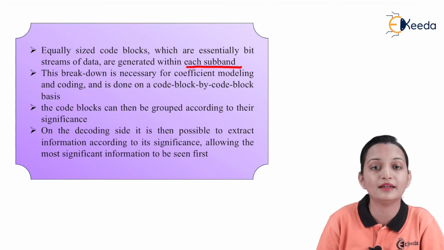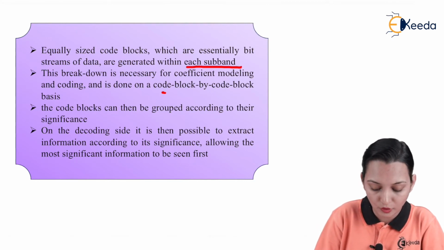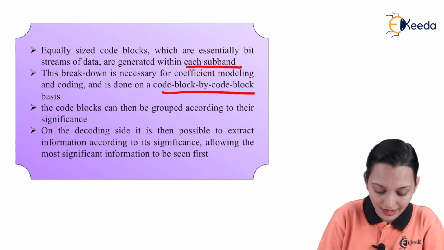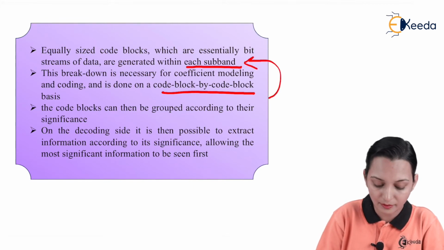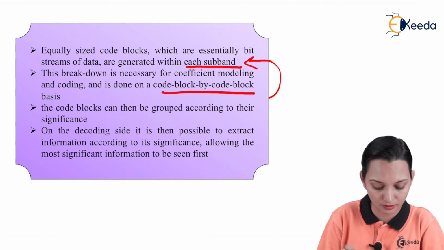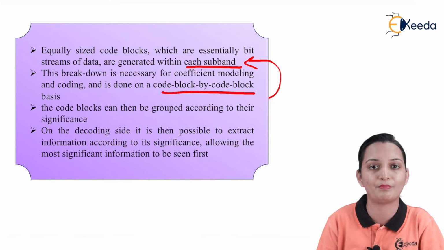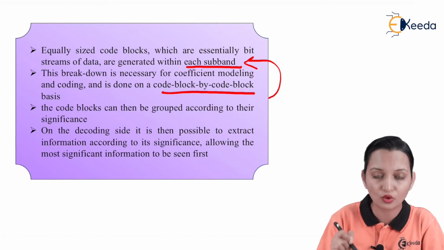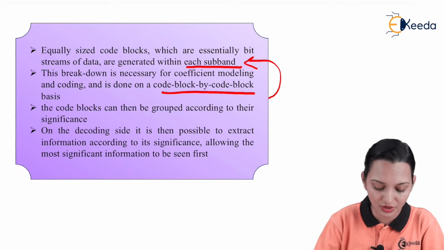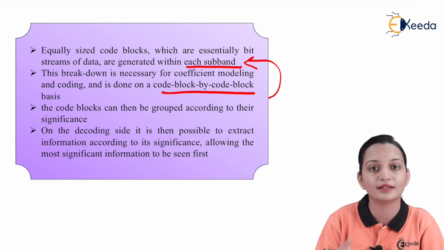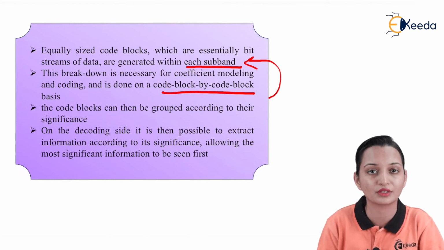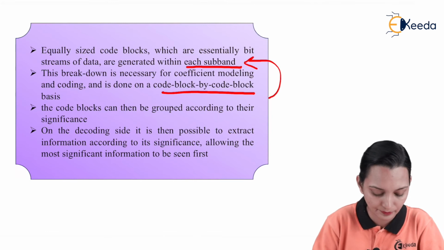Why is it done on a code block by code block basis? The answer is this: because equally sized code blocks, which are essential to the streams of the data, are generated within each subband. So every code block will generate this breakdown for the development of the coefficients for their modeling and coding purpose.